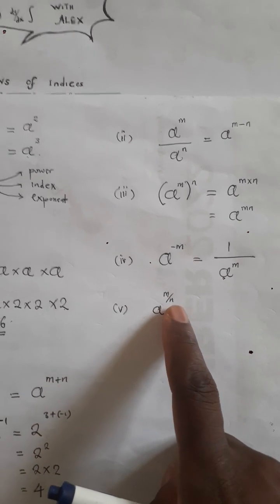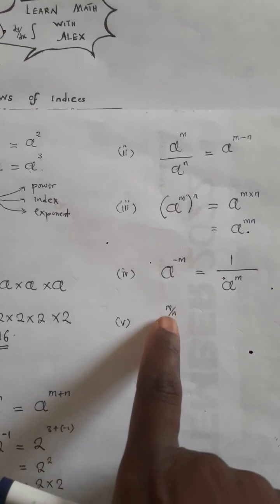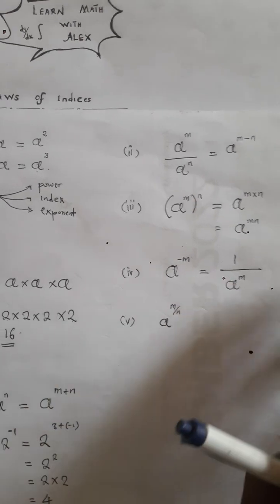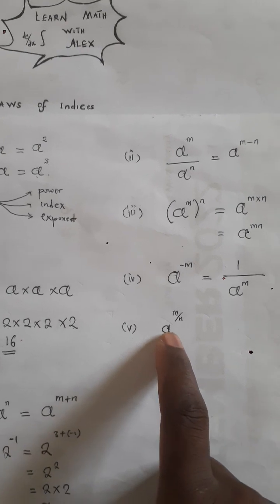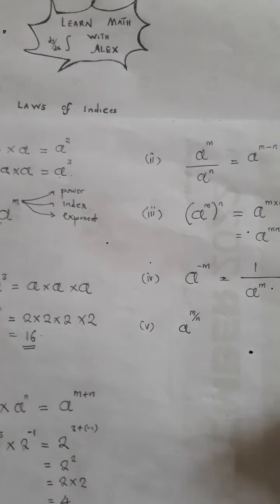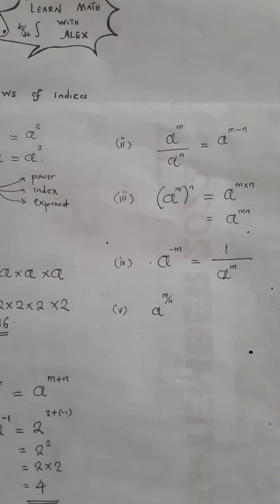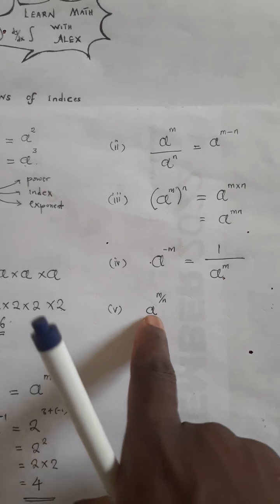Remember again, the power shows you how many times you're going to multiply the base by itself. So when it's a fraction, how are you going to express that? It's a bit tricky again. So how do you break this one down?